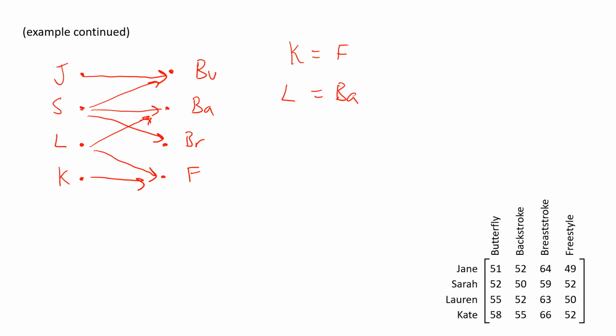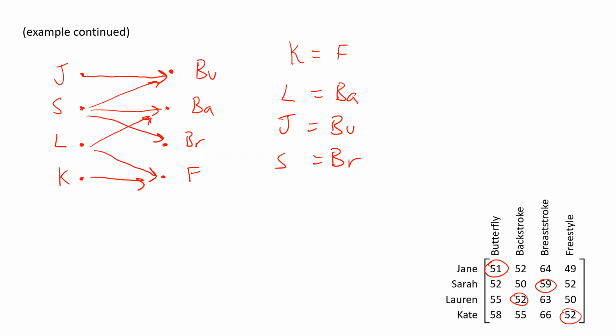Jane can only do butterfly, which leaves Sarah with breaststroke. Okay, good. And now we can go and circle our numbers. So Kate is going to be at 52 with the freestyle, Lauren with the backstroke, Jane with the butterfly, and Sarah with the breaststroke.